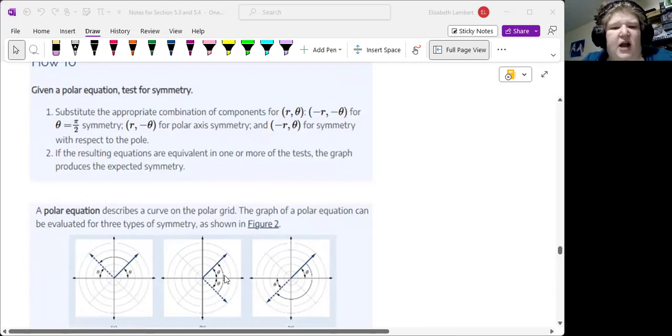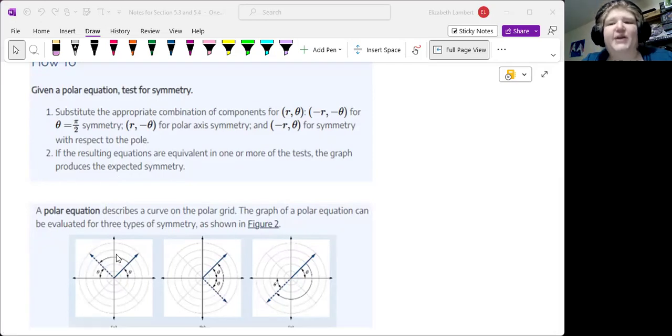And a lot of graphs are either symmetric across the x or the y, just because they are like a cosine only graph or a sine only graph. Cosine on the unit circle is the same top versus bottom.